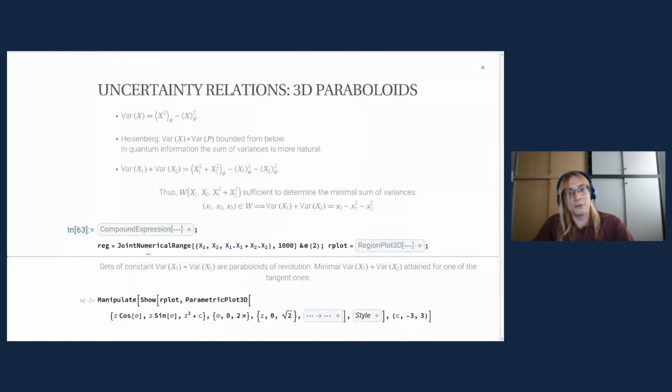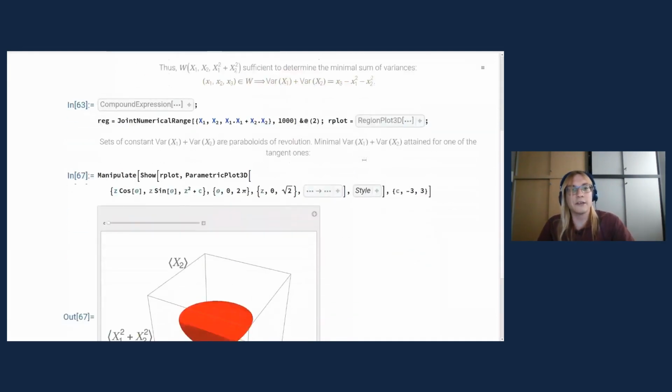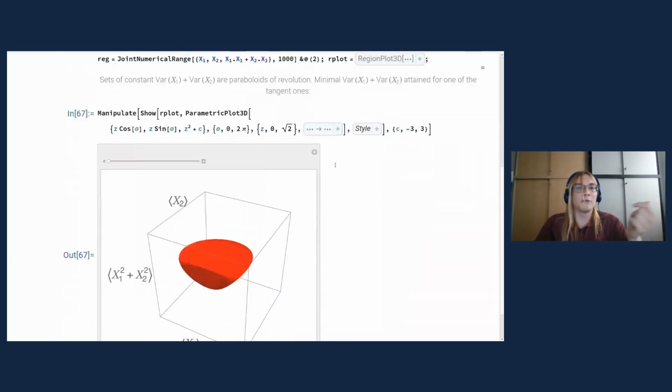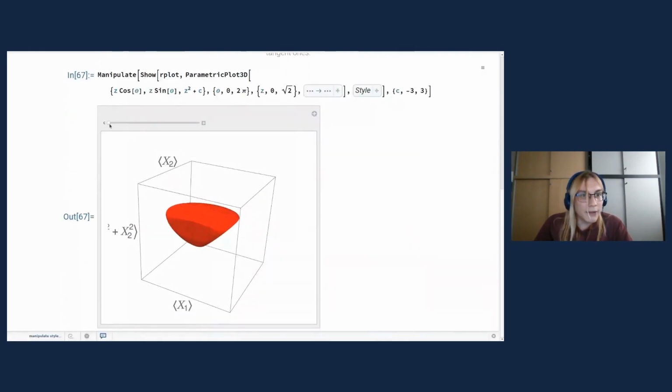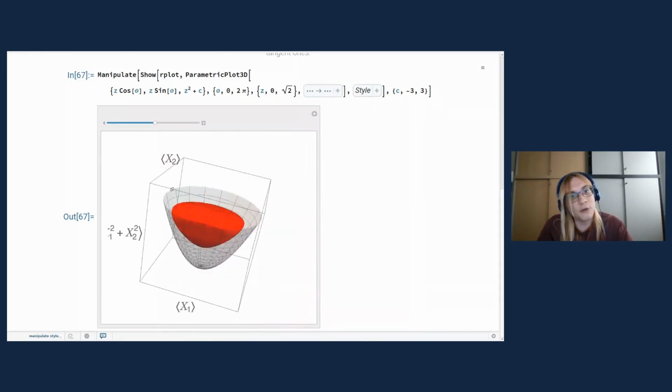So we have this three-dimensional numerical range. And what we want now is to minimize the sum of variances. So we have x3, the third coordinate, minus first coordinate squared minus second coordinate squared. And you see that the set of constant sum of variances must be a paraboloid of revolution. Therefore, our aim is to find now a paraboloid of revolution of a certain form, which barely touches the joint numerical range from below.